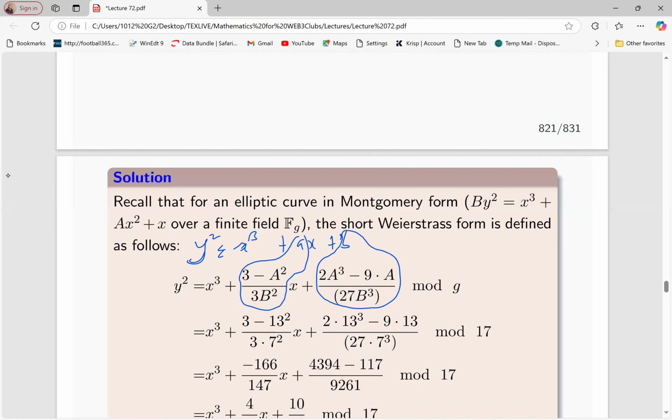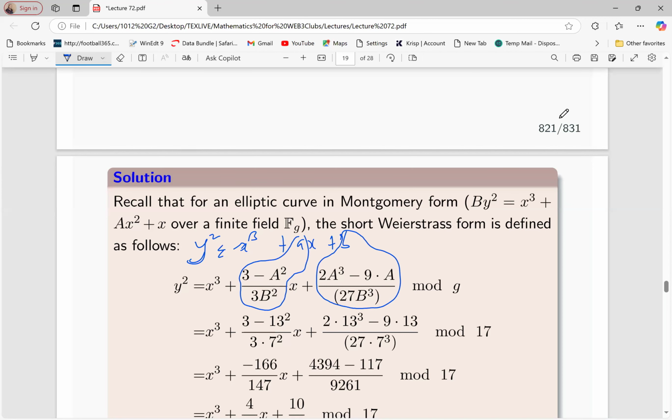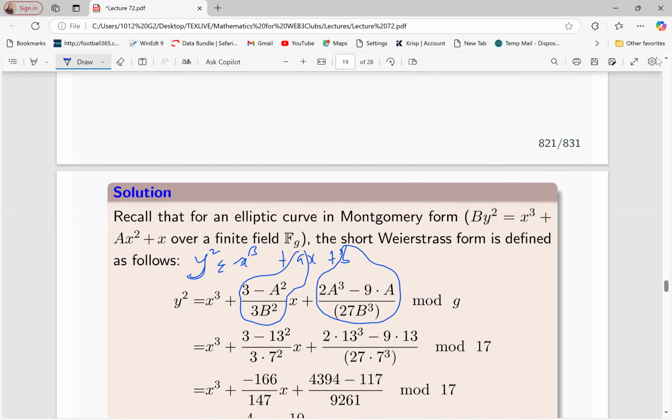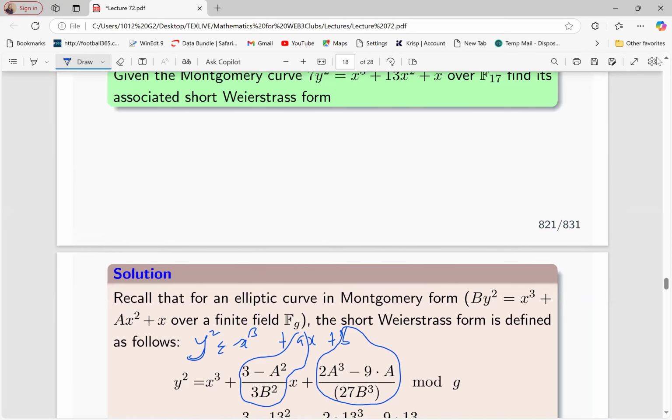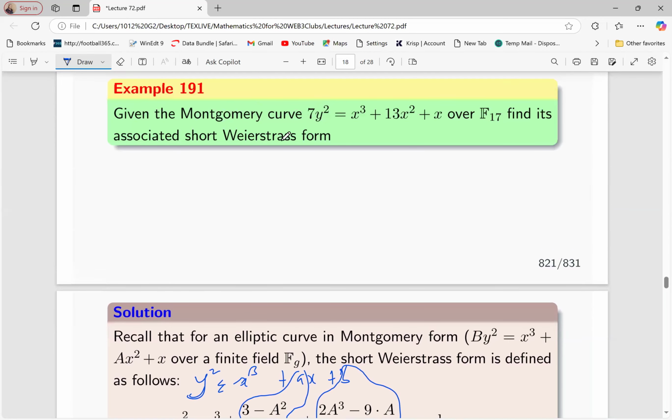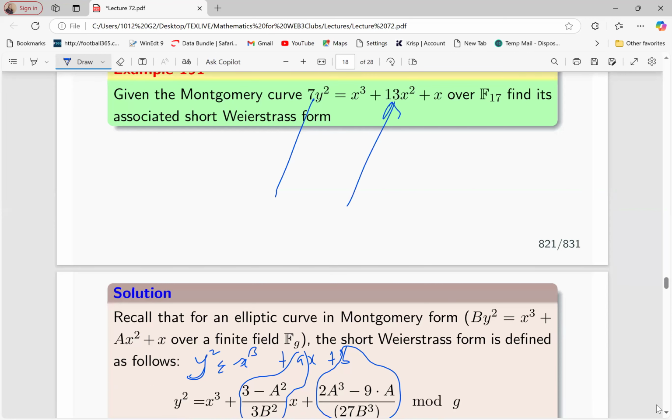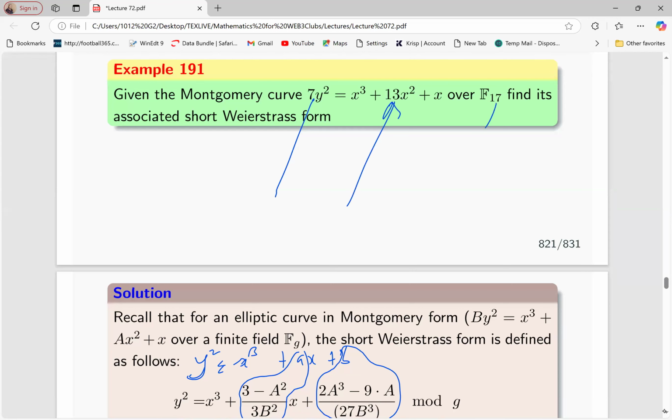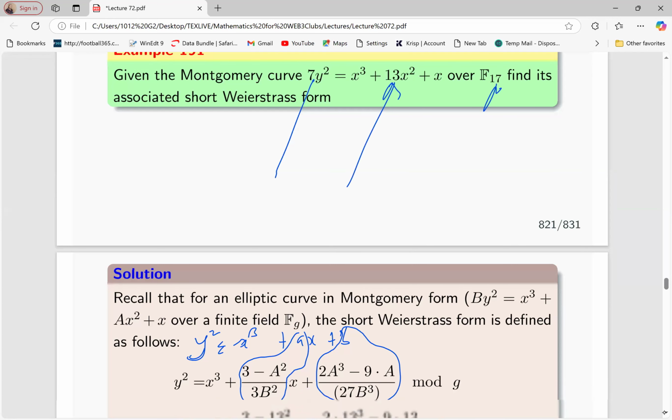It's very easy. Just go back to the Montgomery equation and pick your A and B. You can see that our B is this and our A is this. So take this to the formula. We have A and B, and of course we have mod 17, which will be assisting us to reduce.